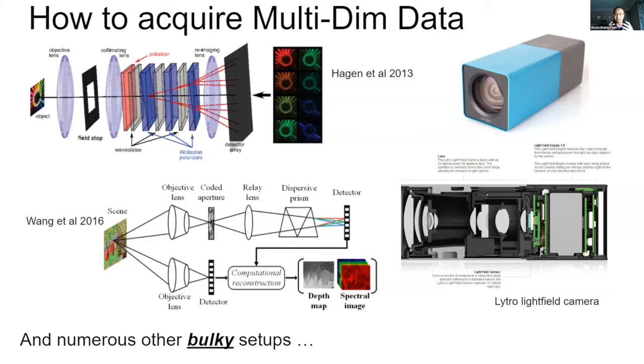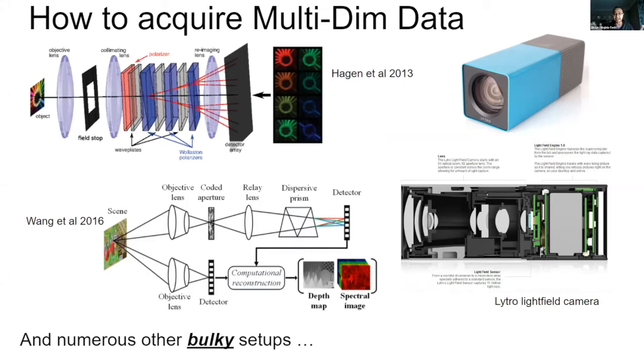But the key here is that the most high-performance setups to acquire these multidimensional data up to date are really bulky. For example, if you want to acquire hyperspectral data, not just a 2D image but also spectral information at each pixel, you have to use a bunch of lenses, coded apertures, wavelength splitters and dispersers.